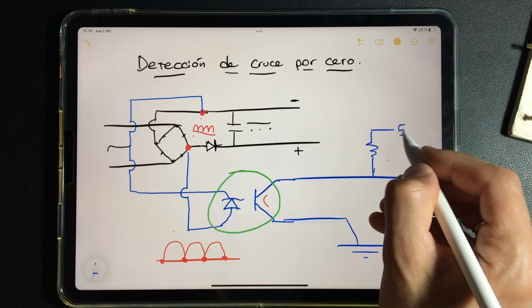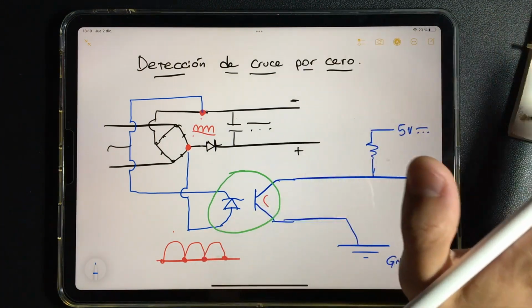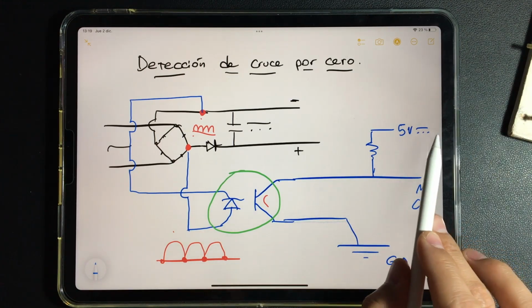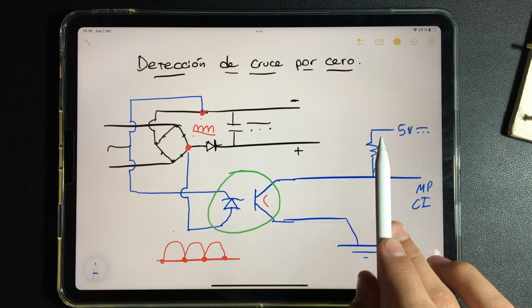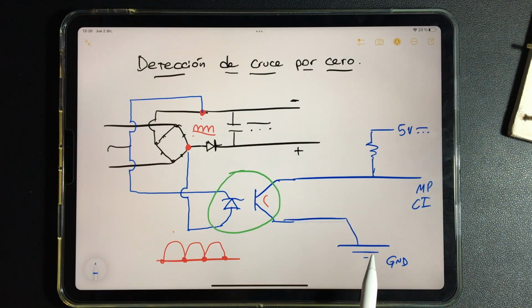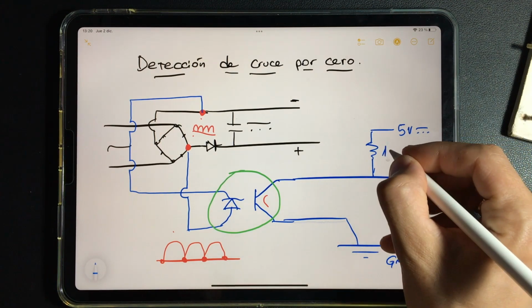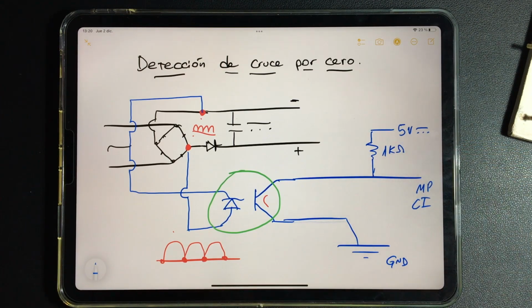And here we go to 5 volts that are already generated by the circuit, for everything we have already learned. These 5 volts will come to the microprocessor as long as they cannot go to the negative and a short circuit is produced. In reality, the short circuit does not occur because there is a resistance that may be 1 kilo ohm. We will talk about resistances later.